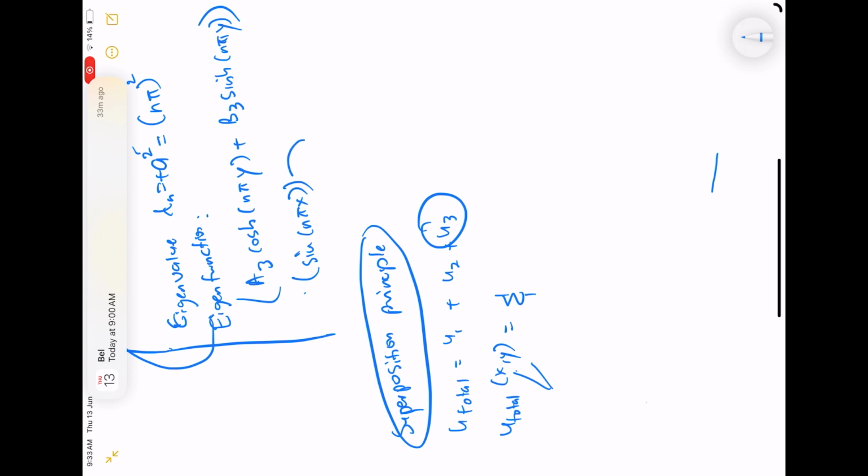because this value here is in n, right? So the answer will be in the form of a summation, because n can start from 1 until infinity.